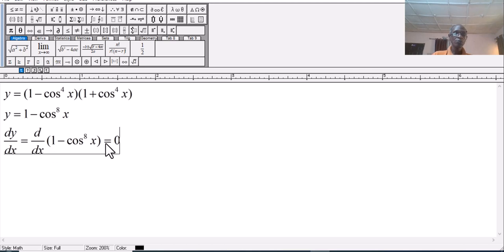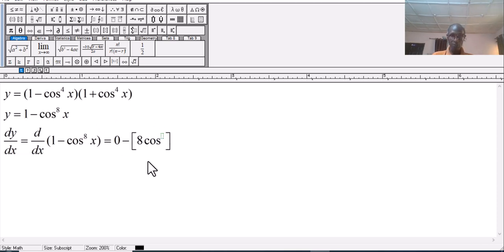Now if you want to differentiate this, just as in your normal differentiation, you bring down the 8. So that will be minus 8, and the power reduces by 1, so it will now become 7.